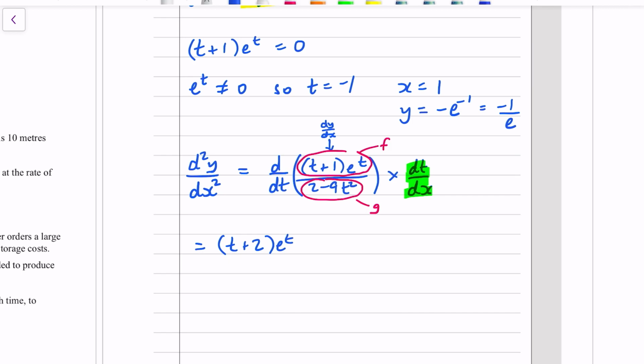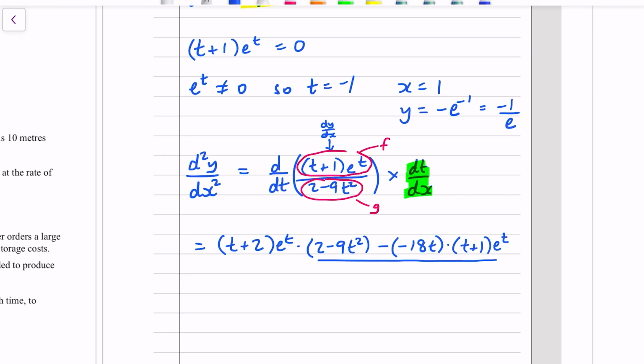I'll let you fill in the details there, but I've used product rule, just like I did to find the first derivative, and then that's multiplied by the denominator. Then the next part of the quotient rule says minus g dash f. So be careful here, we're minusing negative 18t, which is the derivative of the denominator, times t plus 1 e to the t.